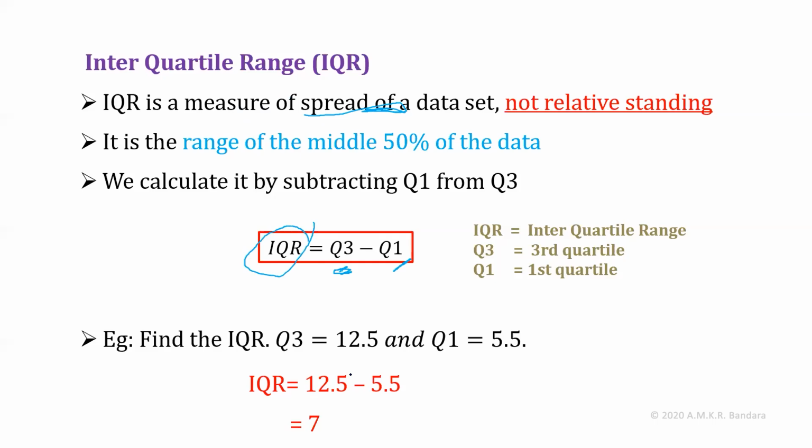So in this above data set, the third quartile was 12.5, the first quartile was 5.5. So the interquartile range is 7.